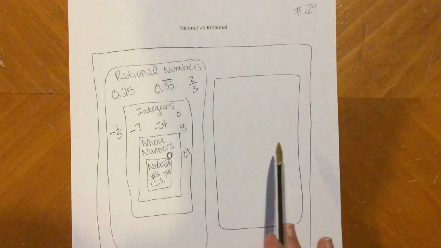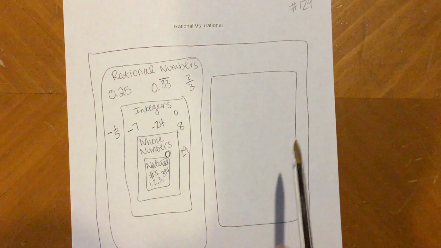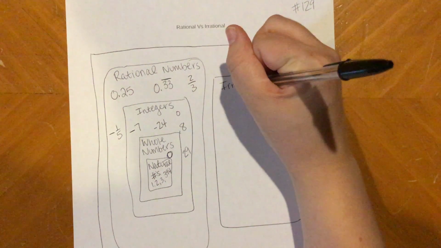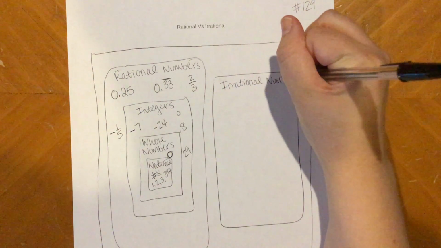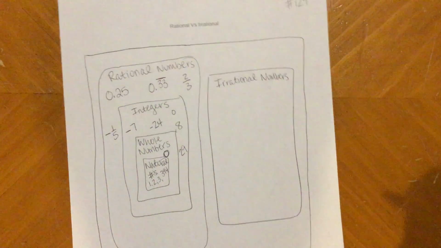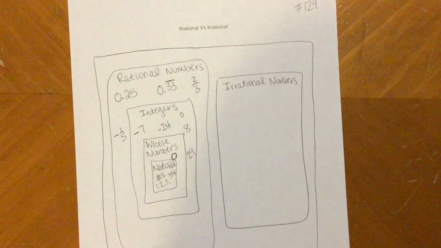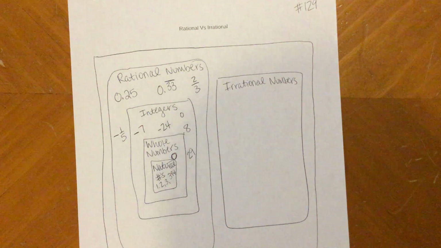In this other box, which you notice is separate from everything in here, instead of rational numbers, these are our irrational numbers. So rational numbers include all your whole numbers, positive and negative, and repeating and terminating decimals and fractions.